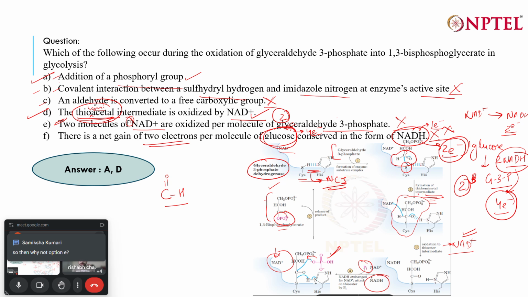When it's in reaction, it forms an acetyl group. So here a thioacetyl, thio means whenever there is a thio, a sulfur group is involved in the reaction. So this thio and the aldehyde group, when it forms a reaction, it forms a thiohemiacetal.